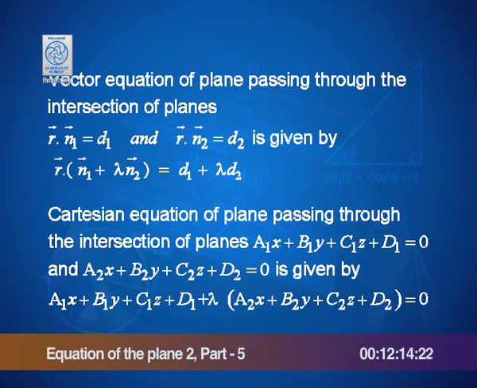In Cartesian, the same set of equations translates as follows. Given two planes with equations a1x plus b1y plus c1z plus d1 equal to 0 and a2x plus b2y plus c2z plus d2 equal to 0, the family of planes passing through the intersection is given as a1x plus b1y plus c1z plus d1 plus lambda times a2x plus b2y plus c2z plus d2 equal to 0.